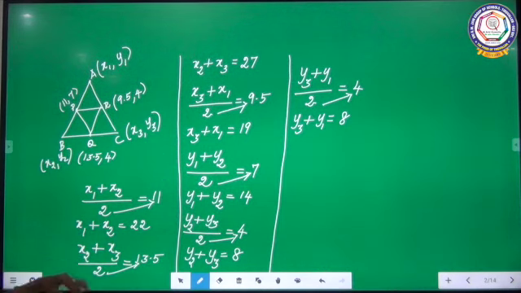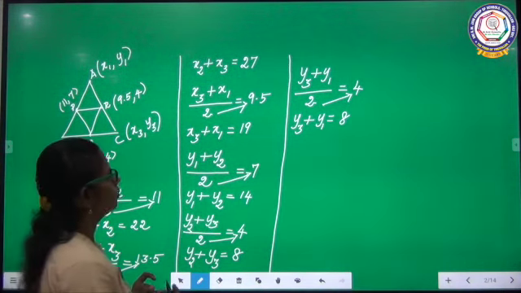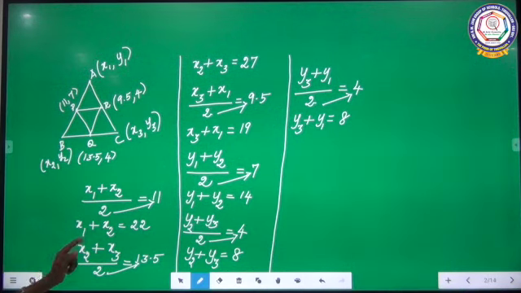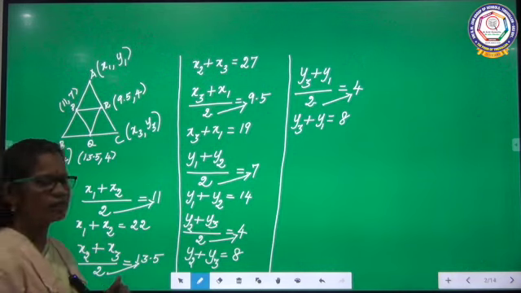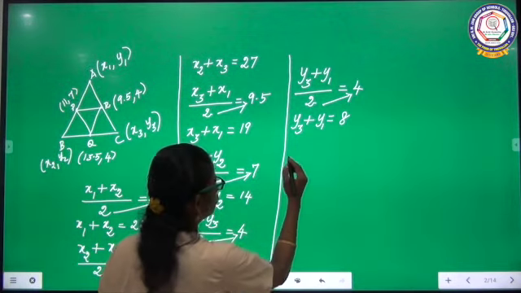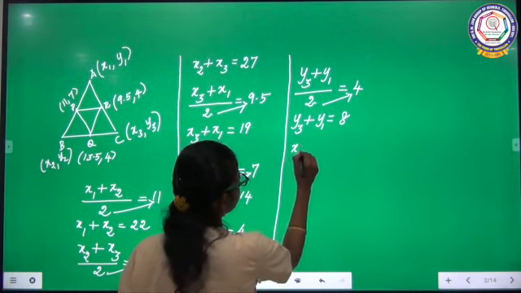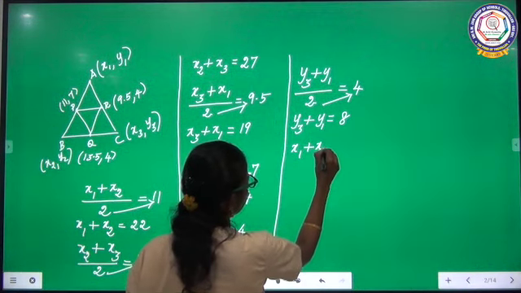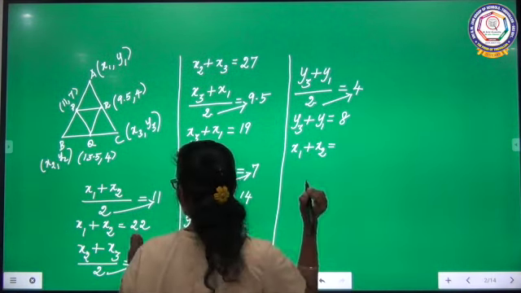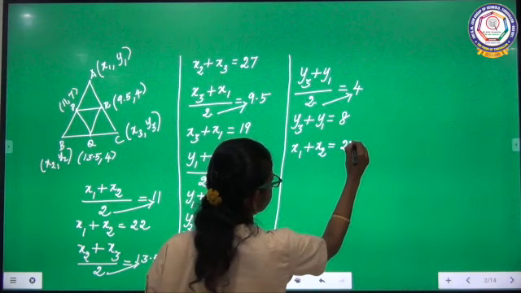Here you are going to apply substitution, or if you want, you should do the elimination, right? x1 plus x2 equal to 22. If you want, you should apply the elimination, or better you should go for substitution. Substitution is easy only.